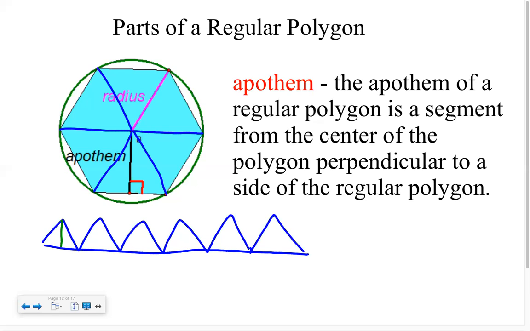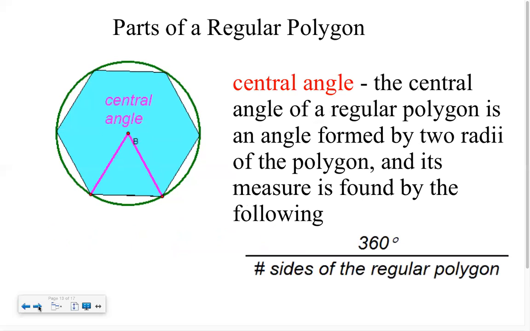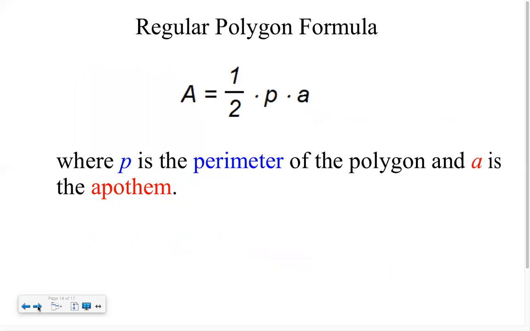Another way to look at it is this length from here to there. That's the same as the perimeter that goes around the entire hexagon. We'll come back to that question. To find the area of a regular polygon, you can multiply 1/2 times the perimeter times the apothem.